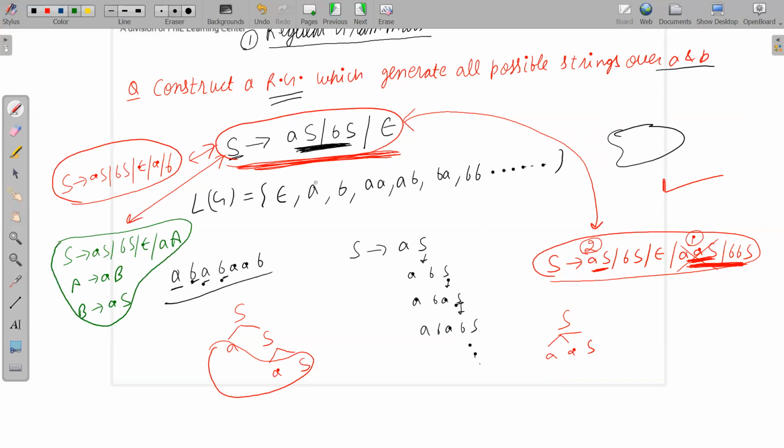So by now you have got an intuitive idea that for any particular language I can write any number of regular grammars for this language. For this language, all possible strings over A and B, this is a regular language. Why is this a regular language? Because I am able to write a regular grammar generating it.